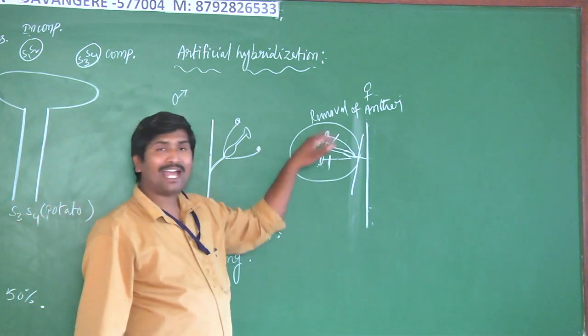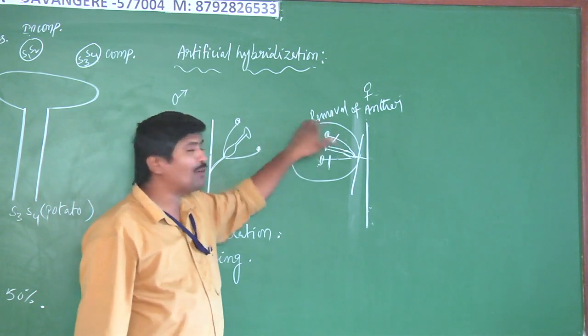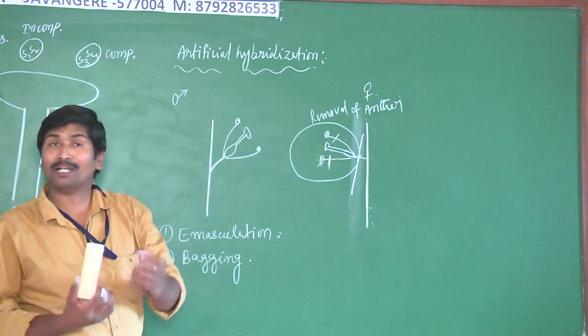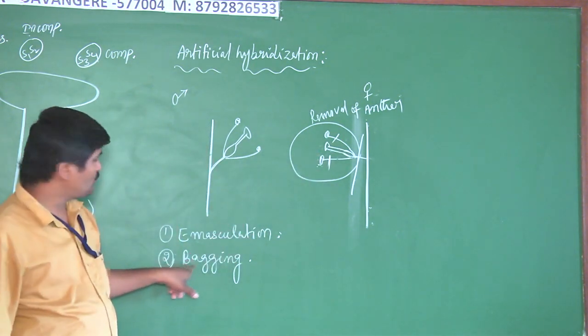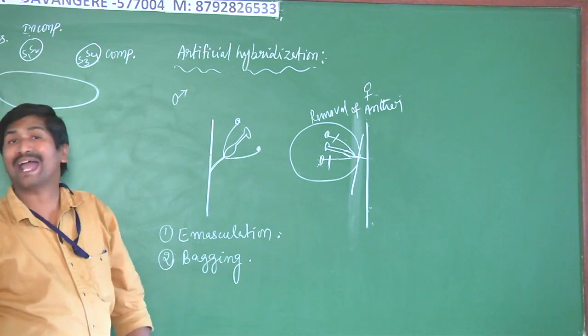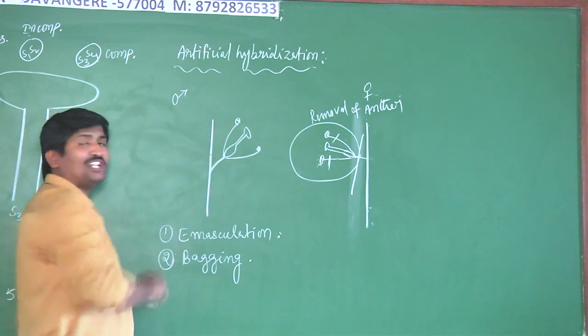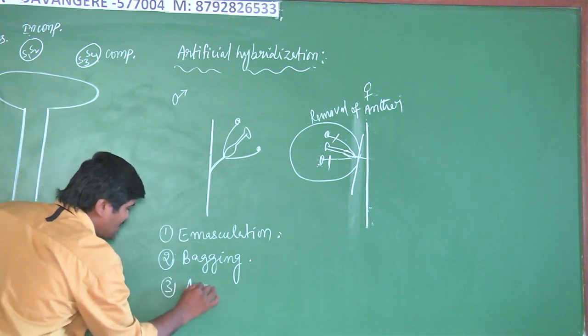Emasculated flower means the anthers are removed. This emasculated flower is covered by a polythene bag or butter paper. That technique is known as bagging. Third step, artificial pollination. What is artificial pollination?